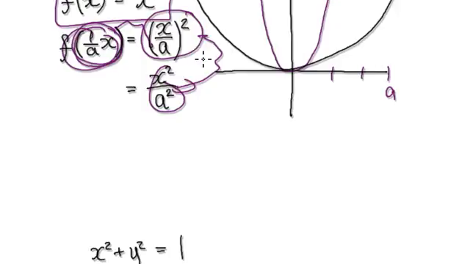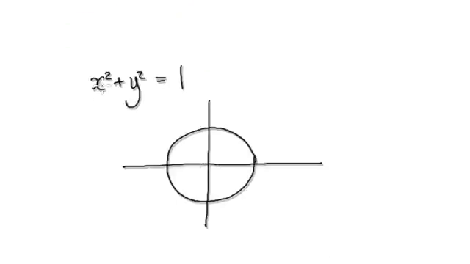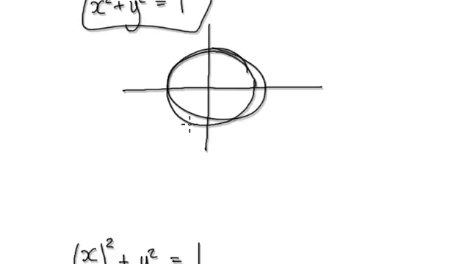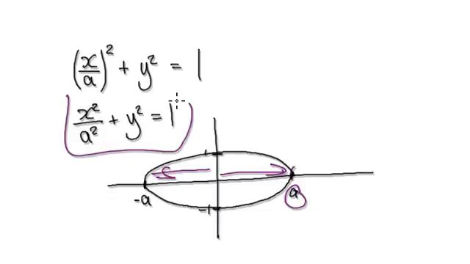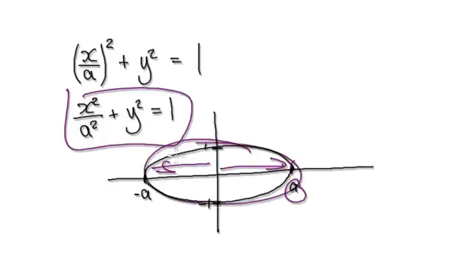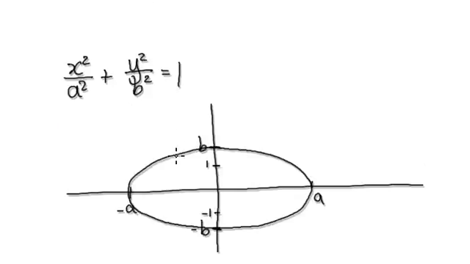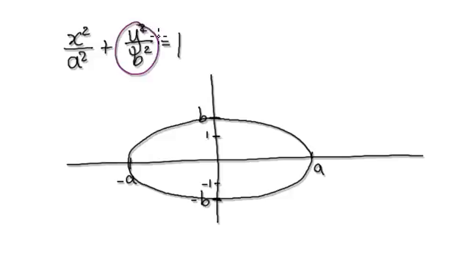Okay, so going back to here, this is your equation for a circle. Well, x over a squared will then stretch it in the x direction. So that will then take you to a. So this thing here will then give you this, and then apply the same process to the y.